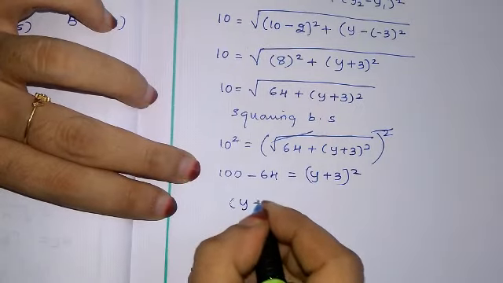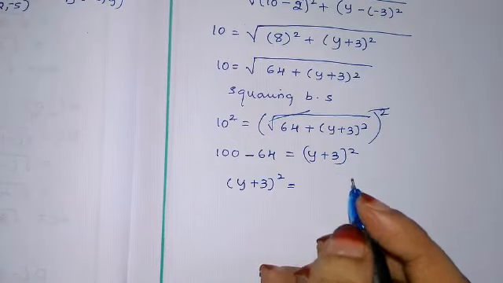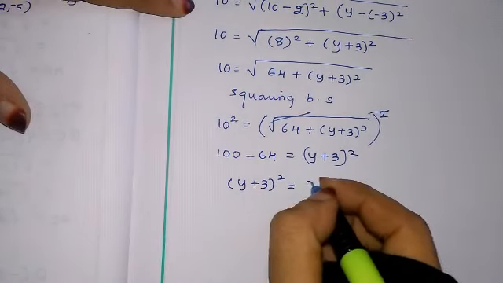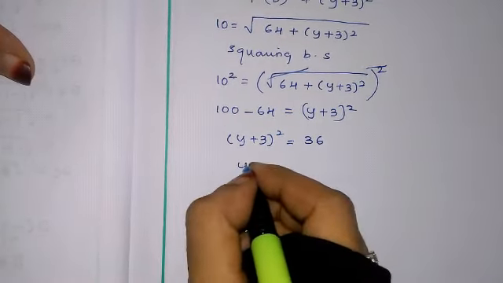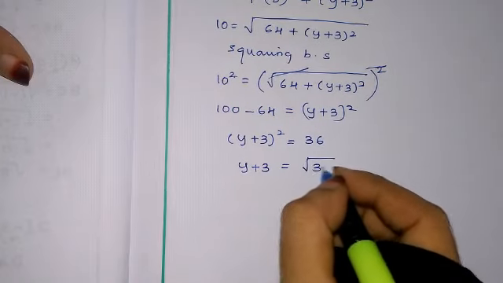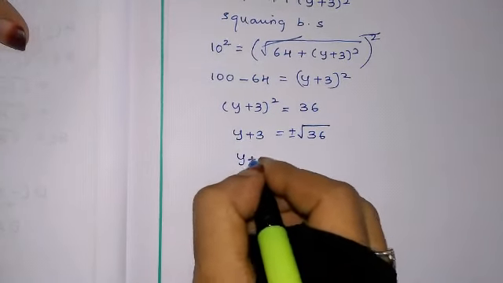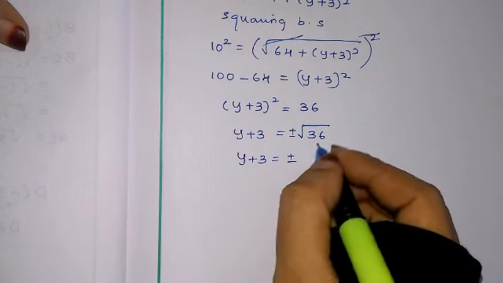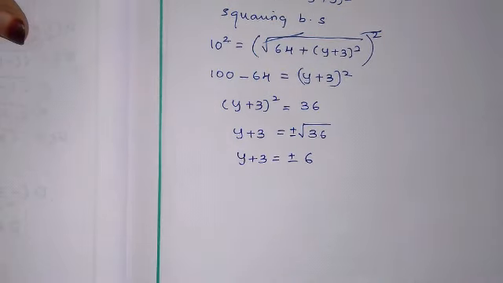(Y plus 3) whole square is equals to 36. Square will go that side and it will become root. Y plus 3 is equals to plus or minus root 36, which is nothing but 6. Root 36 we got 6.